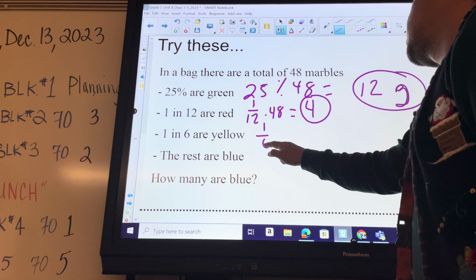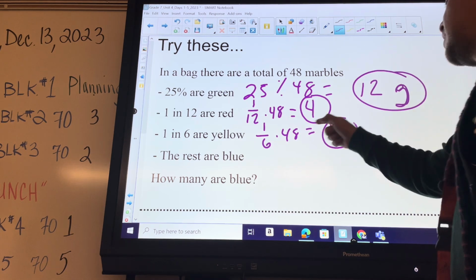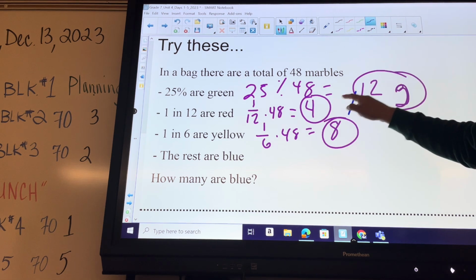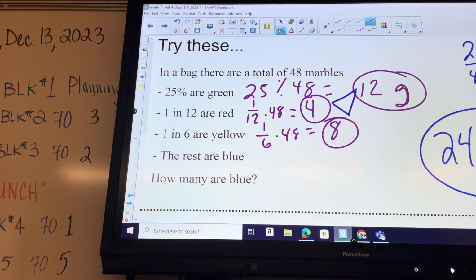If I do 1/6 times 48, that gives me 8 yellows. And then it says the rest are blue. How many are blue? Well, these 3 together give me 24. 48 minus 24 gives me 24 marbles that are blue, which means I would have a 24 out of 48, or a 50% chance of pulling a blue marble.